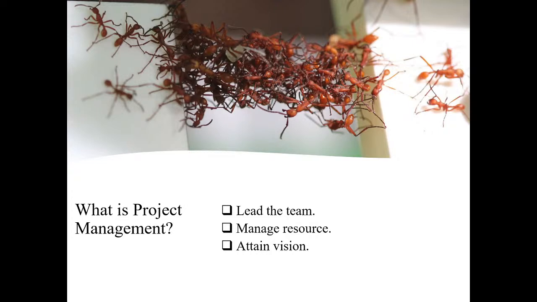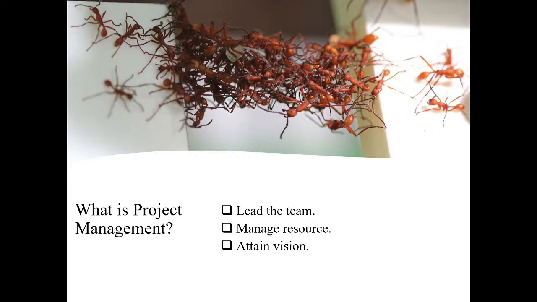On the picture, you're seeing some ants doing a project of crossing and carrying some food from one table to the other one. There must be a sort of leadership, organizational schematic to ensure this happens. So the first thing is the leadership.